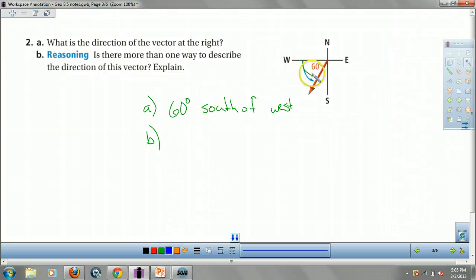There has to be another way. Well, there is. If this angle is 60 degrees, this guy would be what? If you say 30, you are correct. Because they're complementary, and I compliment my wife to make things right. So we could have also said 30 degrees west of south.